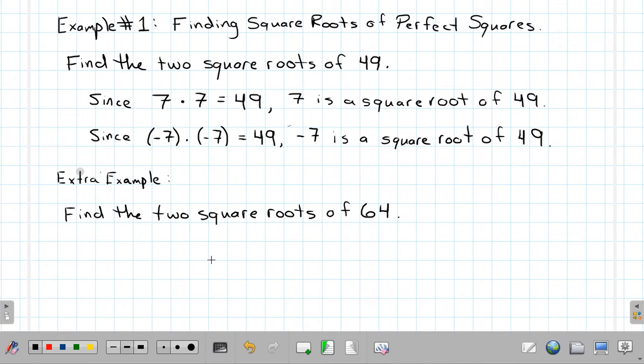Well, if you know your times tables, you would know 8 times 8 is 64. So 64 has a square root of positive 8. But then also negative 8 times negative 8 is also positive 64. And once again, that's because two positives multiplied together make a positive, and two negatives multiplied together also make a positive.